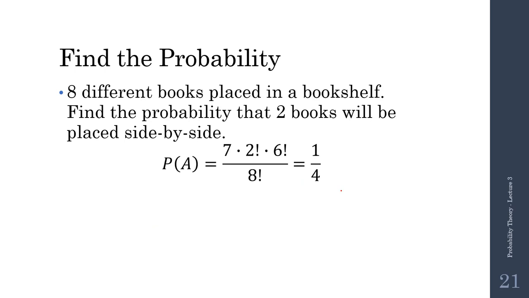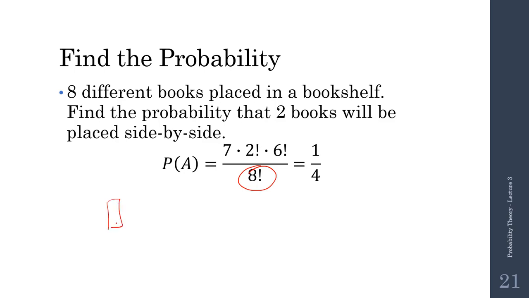8 different books are placed on a bookshelf. Find the probability that 2 books will be placed side by side. So how many ways do we have to put them on a bookshelf? It is 8 factorial, and it's important that 2 books will be placed side by side.